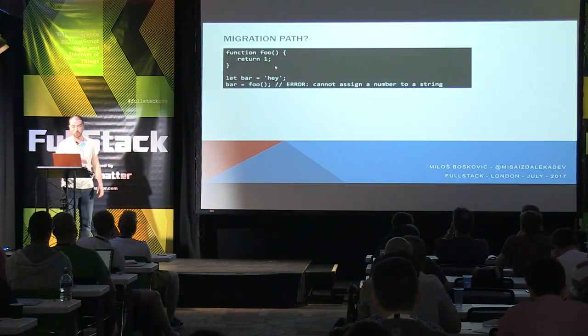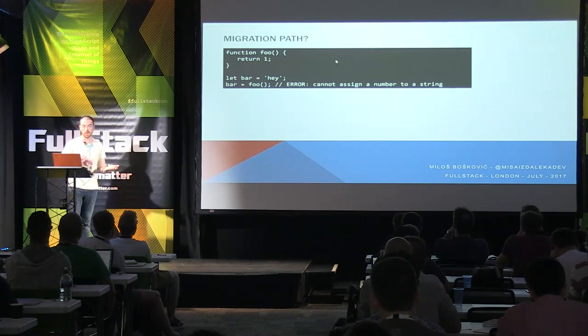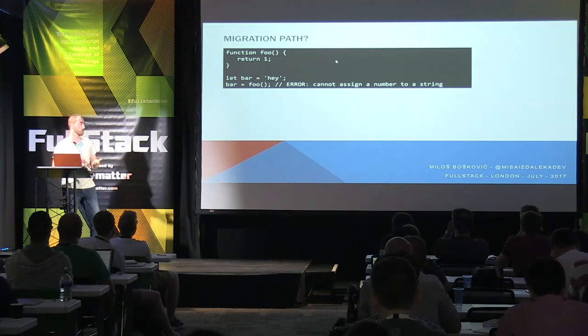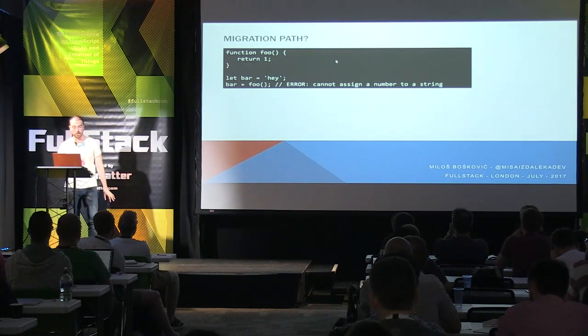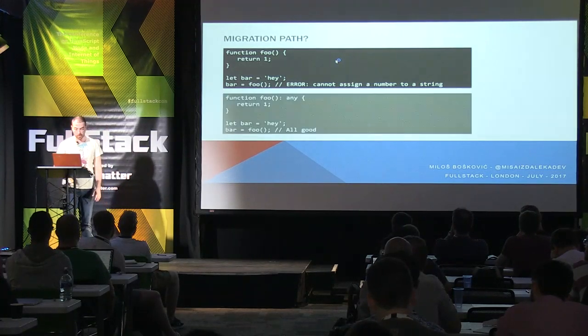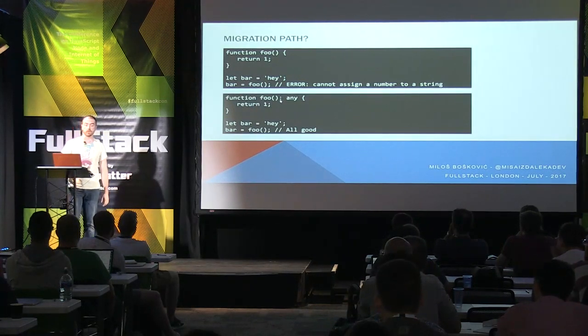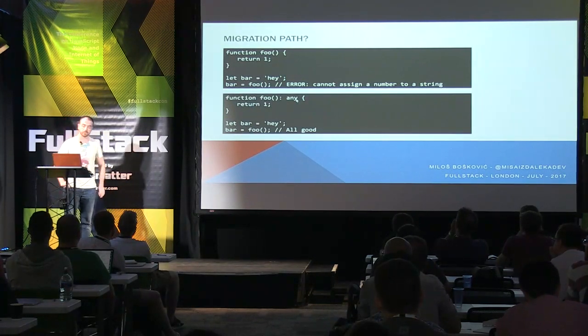Similarly, you can have a function which is returning a number, and you have a variable which used to be a string, but now you want to assign a number to it. Again, TypeScript is going to complain, but you can easily tell it to bugger off by defining a return type of any.